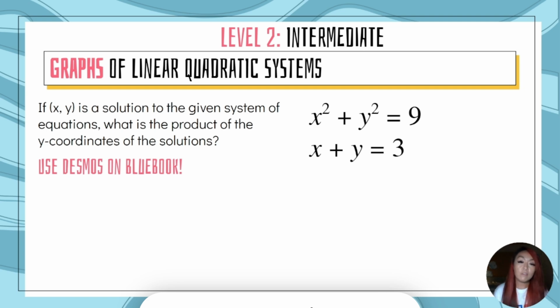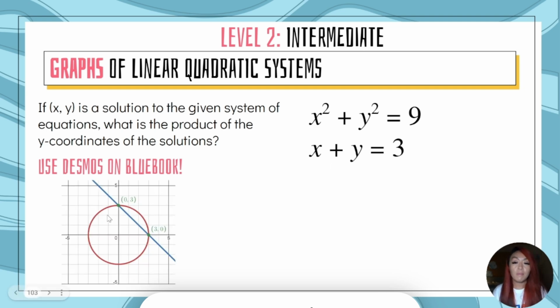So when you graph these two on Desmos, you'll get something that looks like this, right? You get a circle and a line intersecting that circle at 2 points. And the points of intersection, or the solutions, are at (0, 3) and (3, 0). So they want the product of the y coordinates. What are our y coordinates?